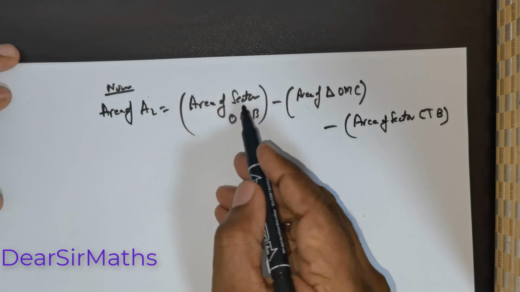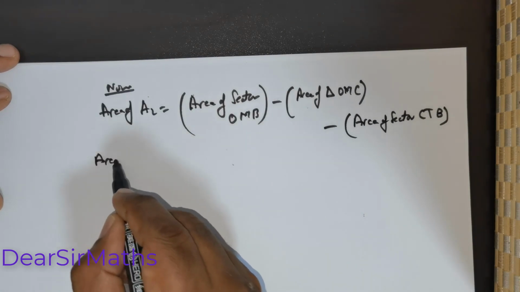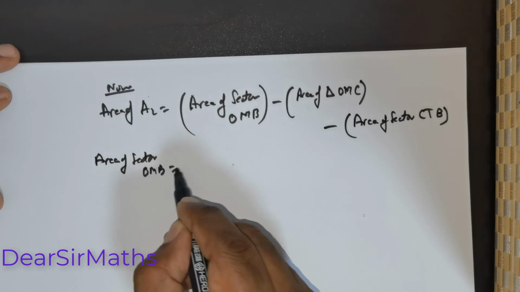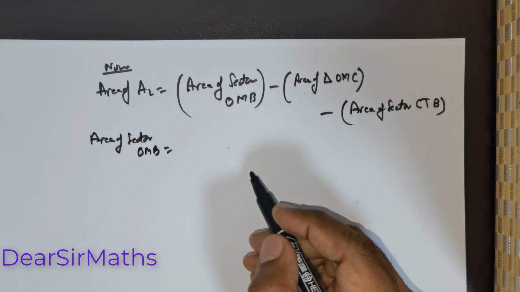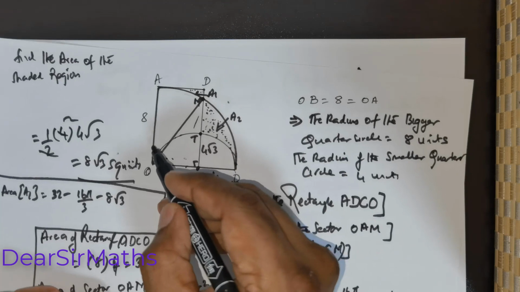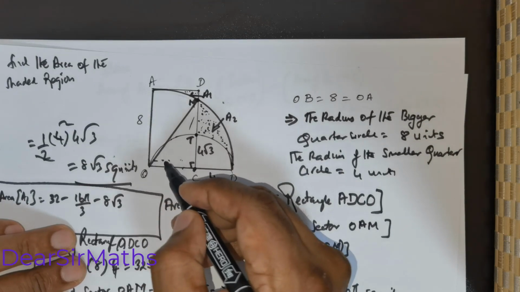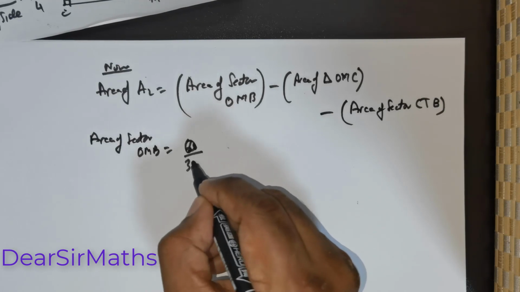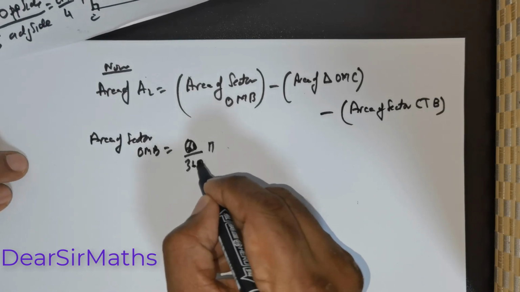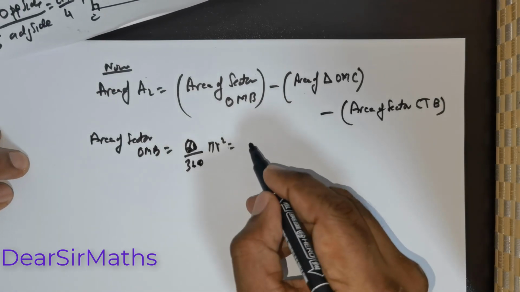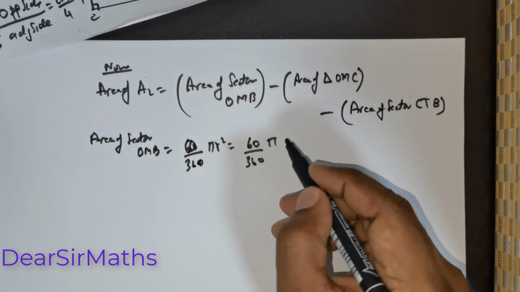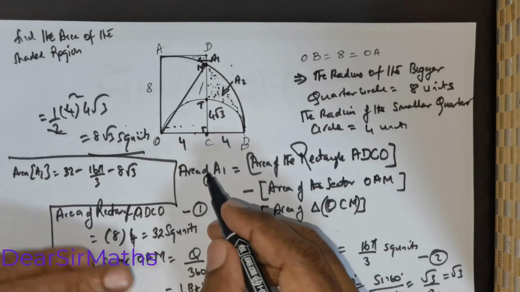Now we need to find the area of sector OMB. What is that? Area of sector OMB, I told you, I'm splitting it as 30 and 60. So the formula is, let me write that formula down. Theta divided by 360 multiplied with pi r squared, and theta is 60 divided by 360 pi times, what is my radius?